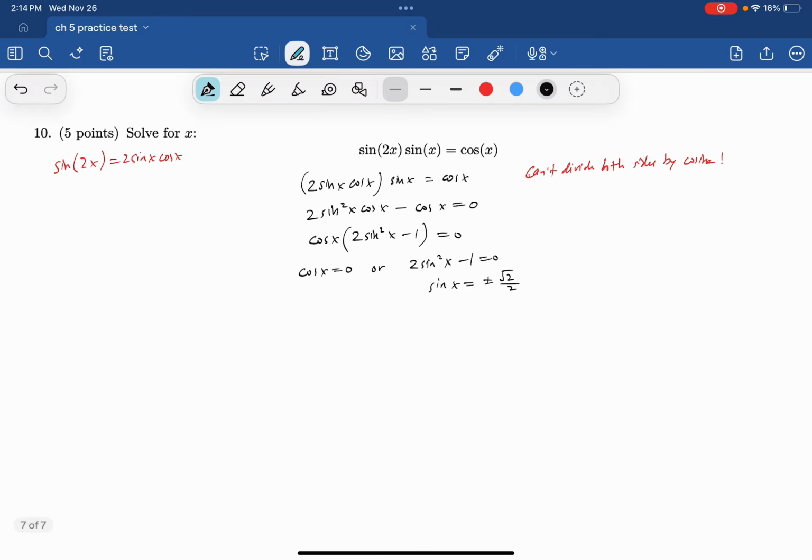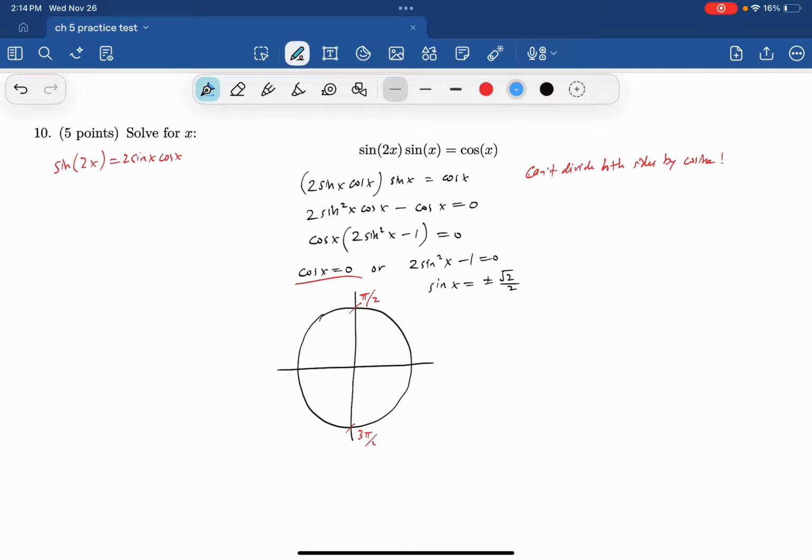And so we're left with these solutions on the unit circle. For cosine x equals 0, we have this solution and this solution. It's pi over 2 and 3 pi over 2.